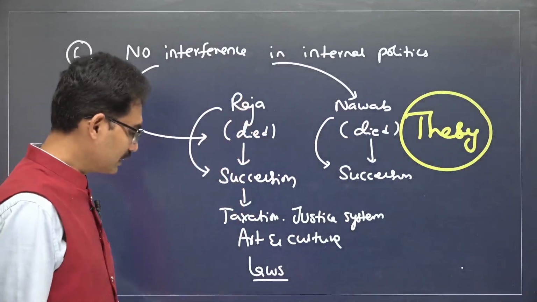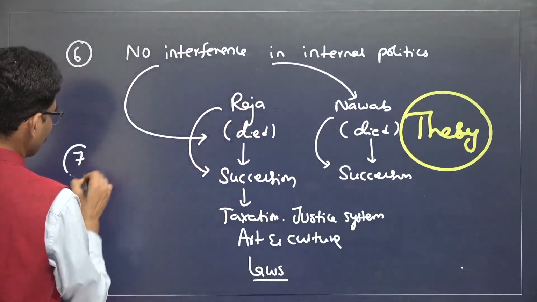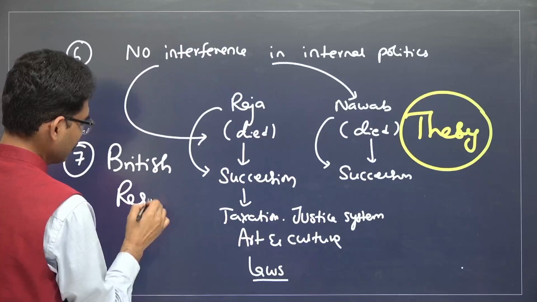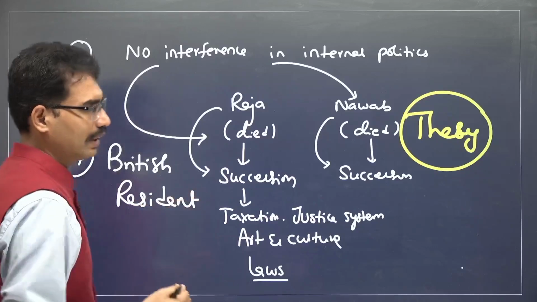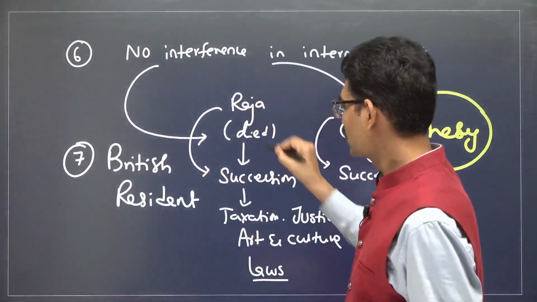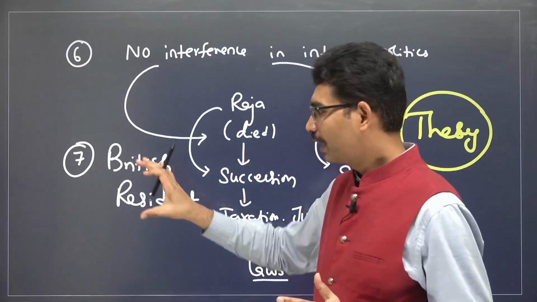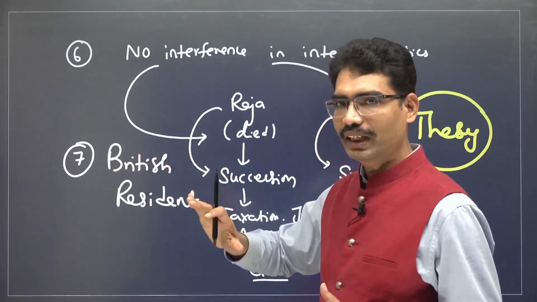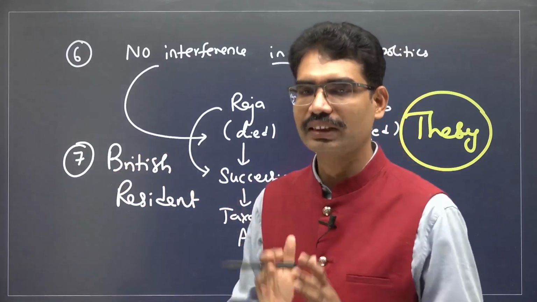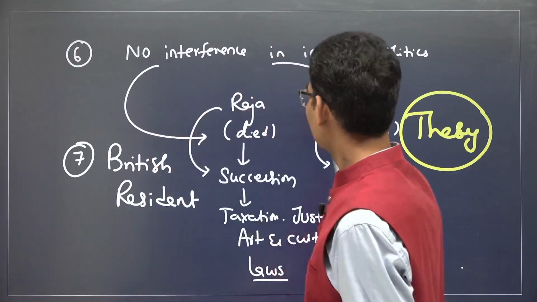A British resident is appointed, like a diplomatic office, a foreign office, in the capitals of native states. He is supposed to handle only defense-related, external-threat-related, military-related issues, not to interfere in internal politics.